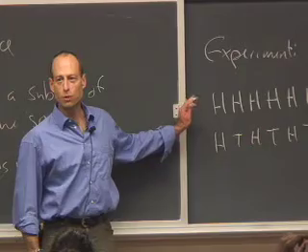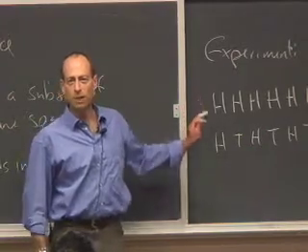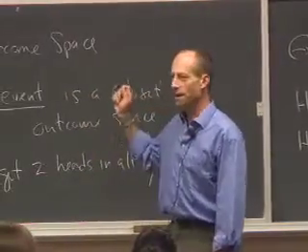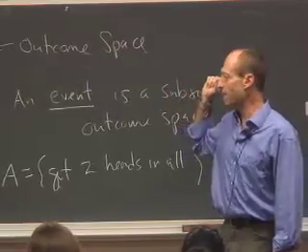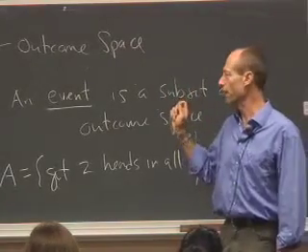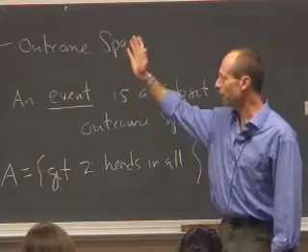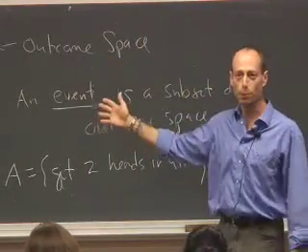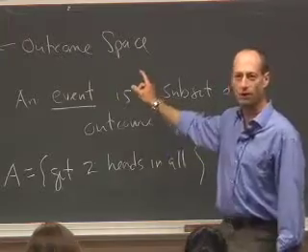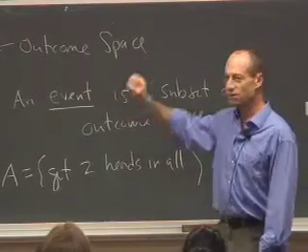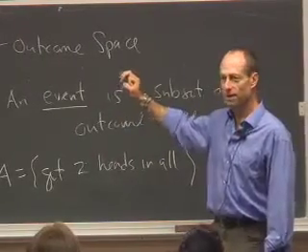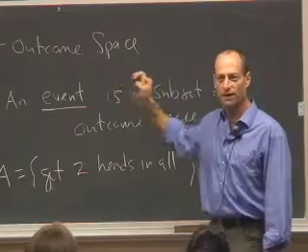Does this work for people? Okay, when you think about an experiment and asking whether a particular event occurred or not, one thing that I find useful heuristically is if you think about the outcome space as being a dartboard, and you throw a dart at the dartboard, and if the dart sticks in the event, then the event occurred.